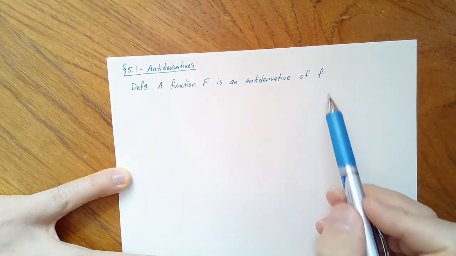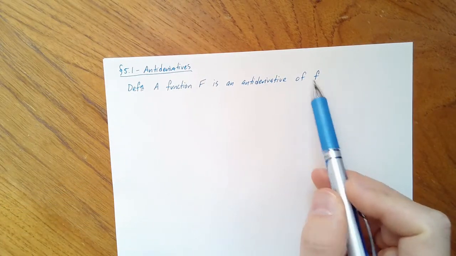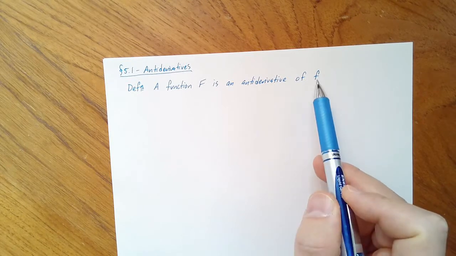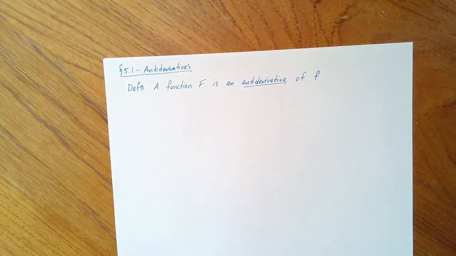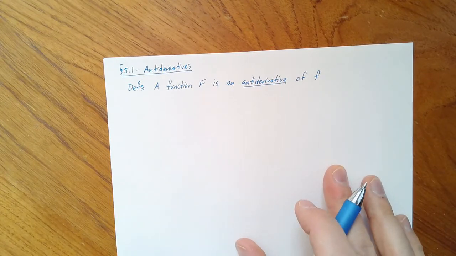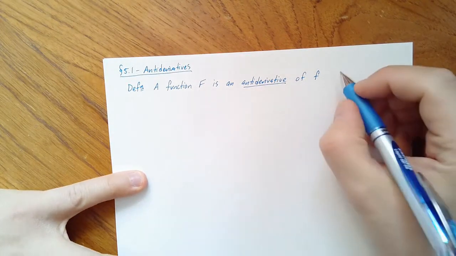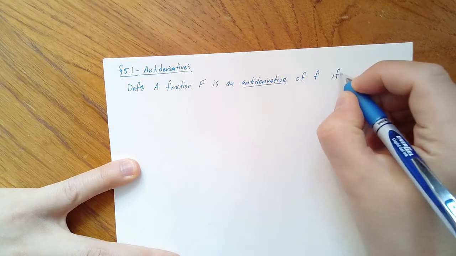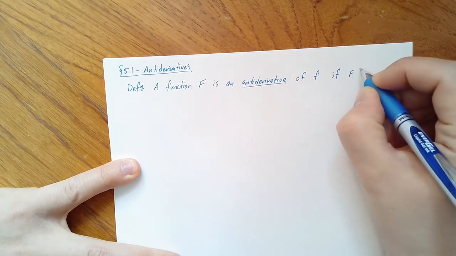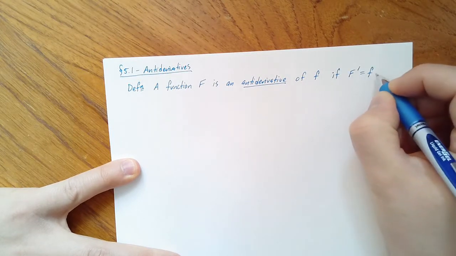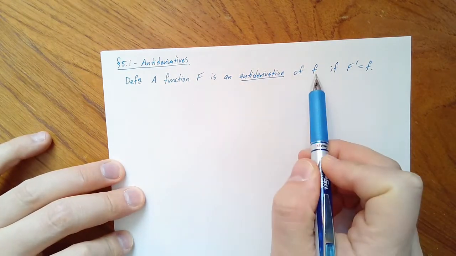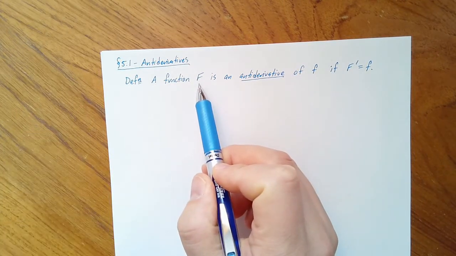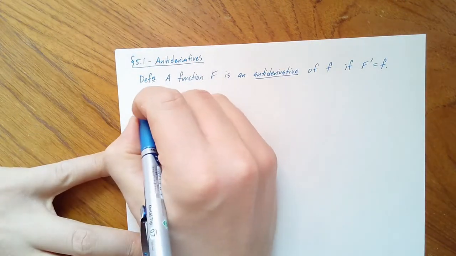So this is typically the function you would look at originally, and then you would say what it means for a function capital F to be an antiderivative of it. And the definition is capital F is an antiderivative of little f if when you take its derivative you get little f. Right? That's what the definition is. So it's just if this happens to be the derivative of little f, then it's called an antiderivative of little f. So let's just look at a couple of examples.